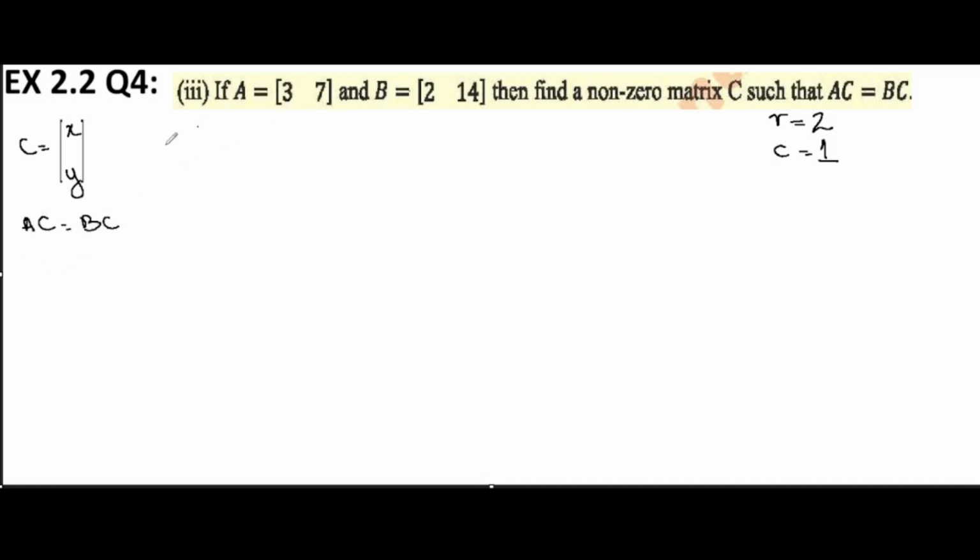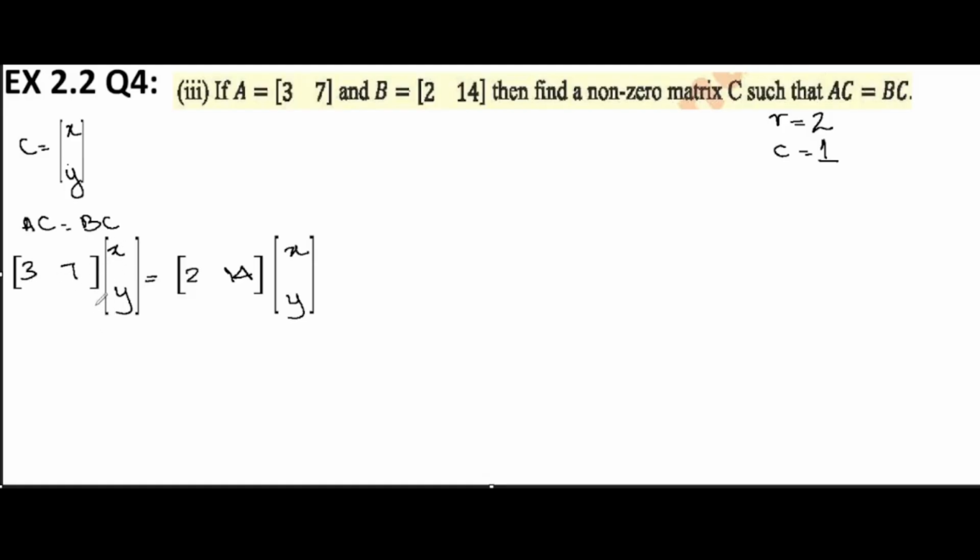Now we write these matrices A and C, B and C over here. The matrix A is 3, 7. The matrix C is x, y, equals the matrix B is 2, 14, and the matrix C is x and y. Now we multiply these two matrices, so we get 3, 7 multiplied with x, y.